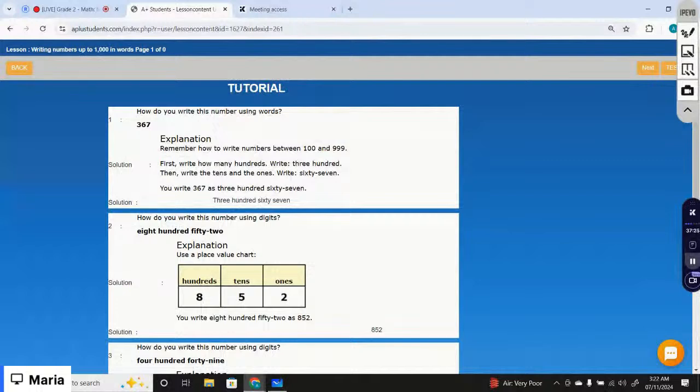That is 367. That's actually how we read the number. We cannot read it as 3, 6, and 7. We read it like 367. Got it? Let's just start with the test questions. Let's see how we write them in word form.